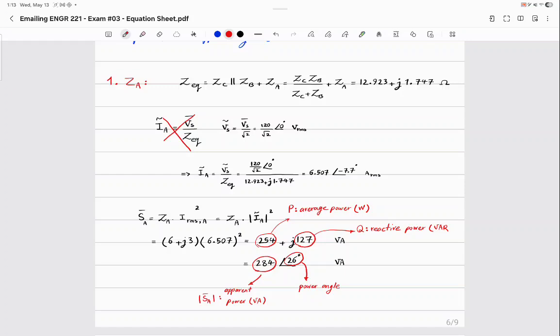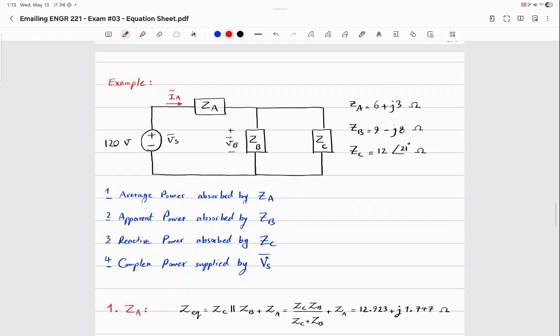Okay, so do you see the point of calculating complex power? You immediately have access to all four of them. So for me, this is the preferred method. Whatever is asked, I go for complex power immediately. And you know why it is useful? Because most of the time in the questions you get for the third exam, one circuit is related to more than one question.